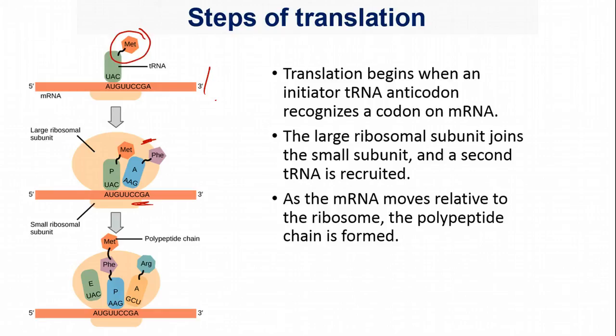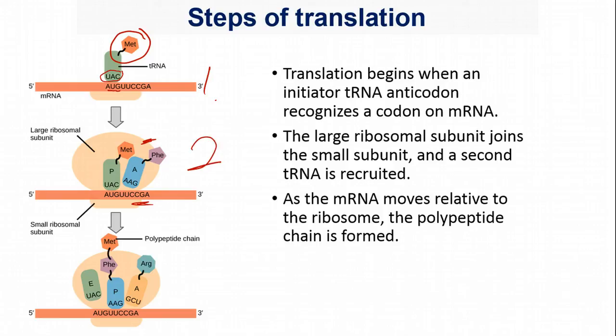The start codon, we call it, is A-U-G. So the tRNA molecule is complementary to that codon in its anticodon region, so it has a UAC. Those two bind together through complementary base pairing. The tRNA brings in the methionine.